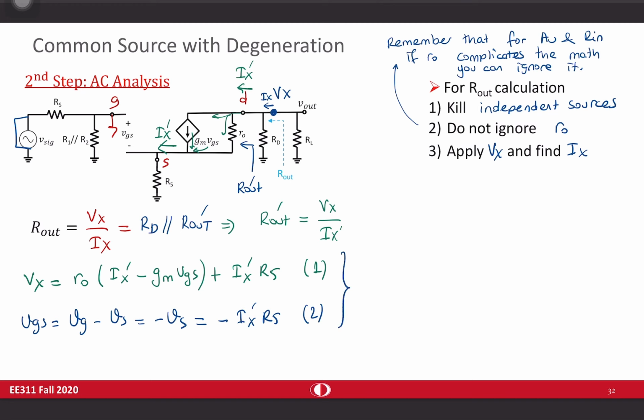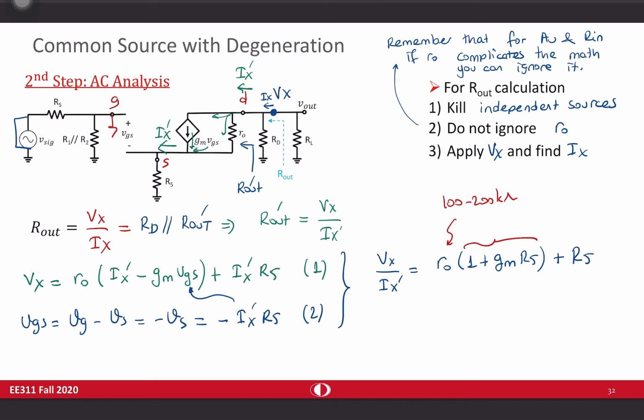So when I combine them, if I put this in here, you can find Vx over Ix prime as R0 times (1 plus gm R5) plus R5. And keep in mind that this R0 is in the range of 100 to 200 kilo ohms.